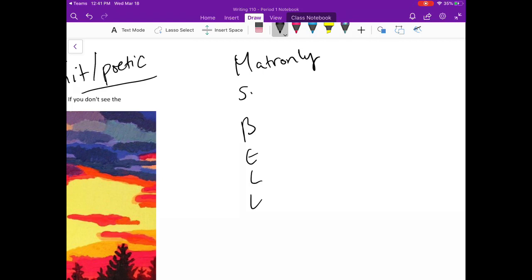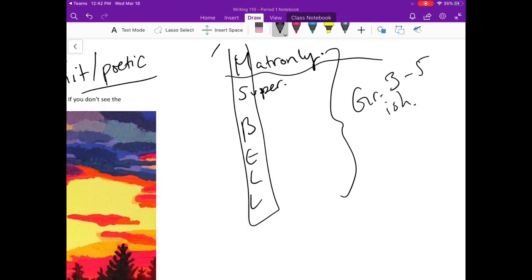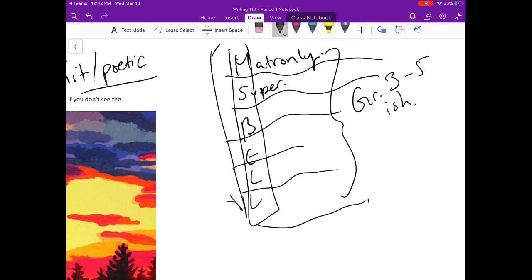Maybe I'll do super. These are obviously poems that people in younger grades usually write, usually grade 3 to 5-ish, but that doesn't make them any less of a poem, and you can make them more complex than just adding one word in, right? There are some beautiful poems written by published poets where they've done this acrostic style, and they've written these beautiful, long poems, and then it just so happens to spell something.